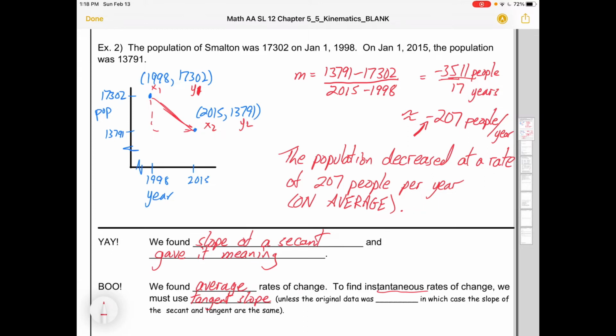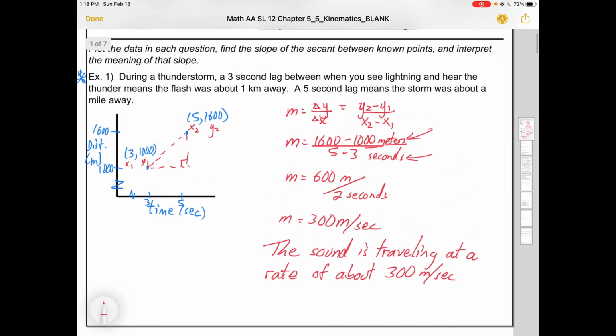Now, if you think of these two examples, for the population of Smalton, that average rate of change caused an issue because we don't know what's happening right at 2015. The first one, though, it's probably not an issue because it's not like sound is going to wildly vary in how fast it travels through air on Earth.